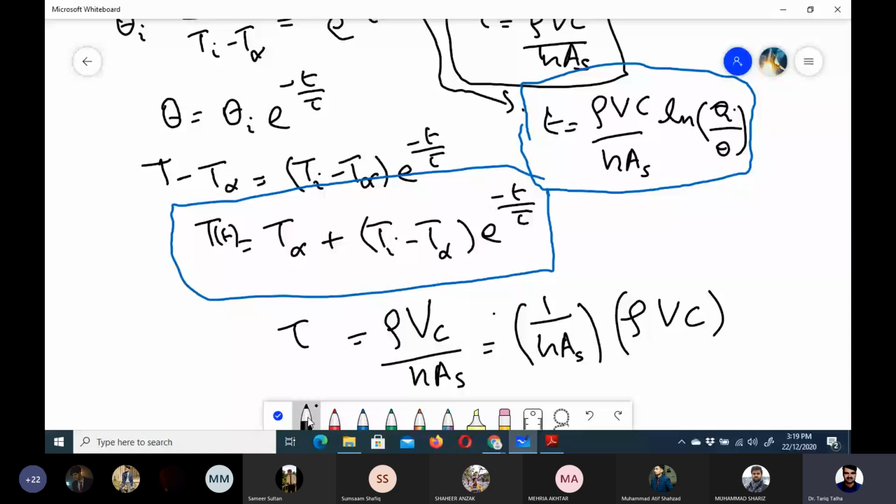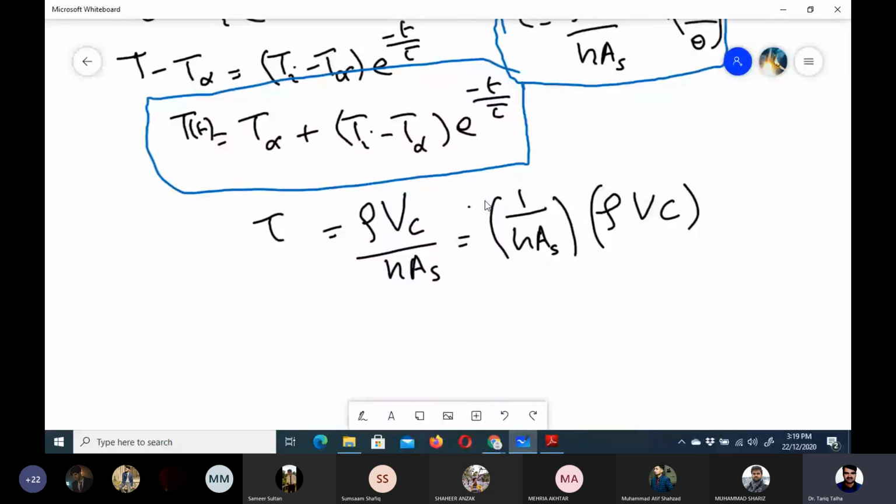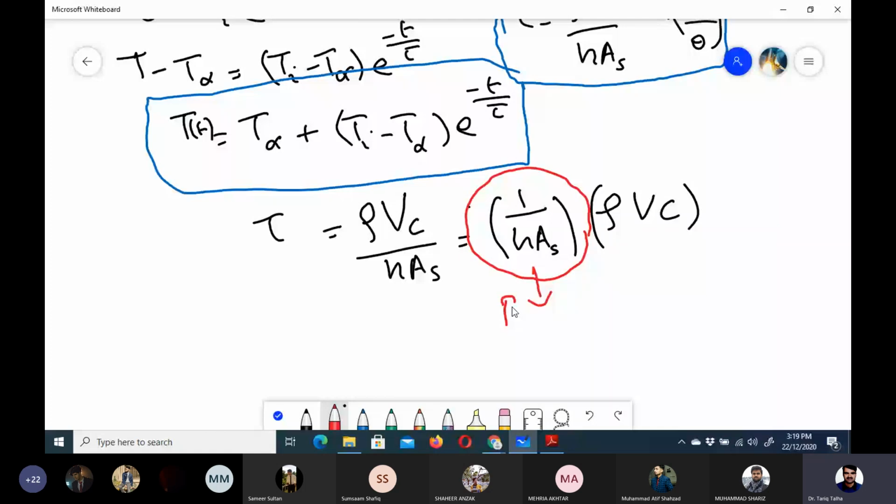This first term is the thermal resistance of the surrounding fluid, so we call it RT. And this is the ability of that material to store thermal energy, because rho into V is mass and C is the specific heat capacity.